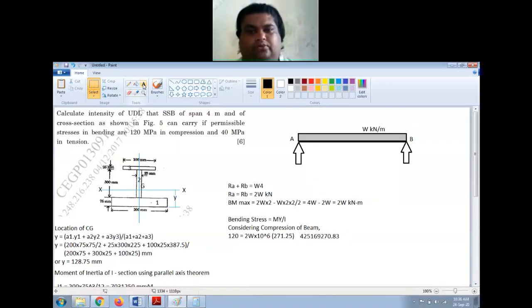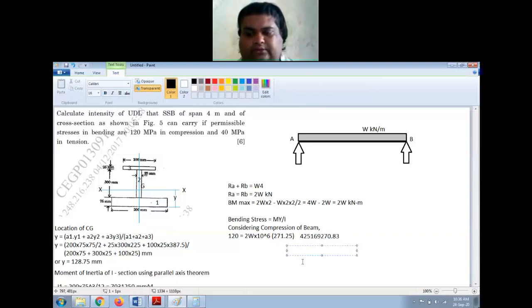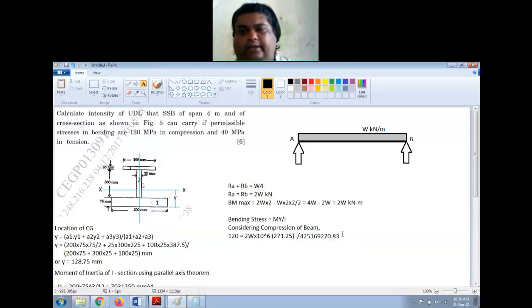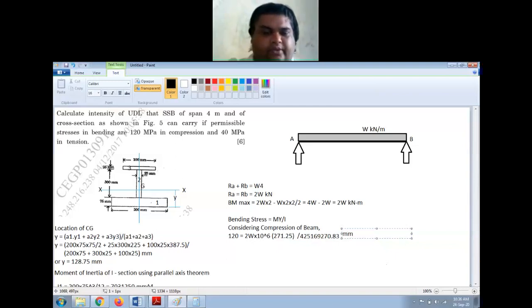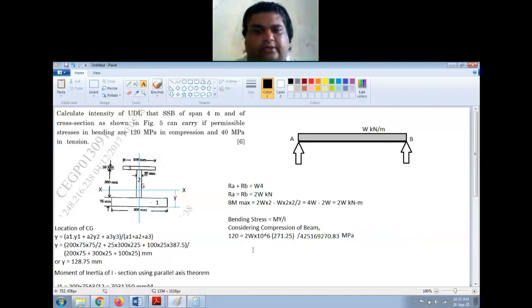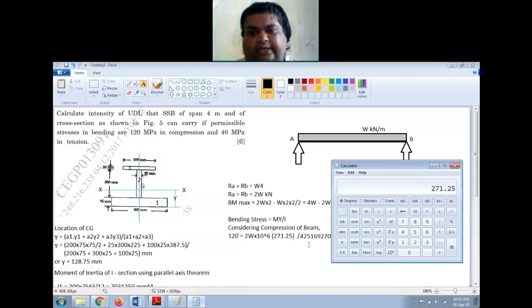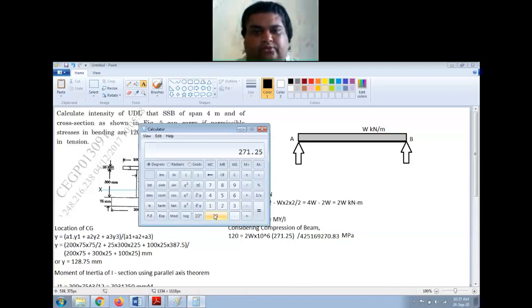Okay, so I'll have to calculate this. My by I, sorry, this will be megapascal, because this is stress what we are calculating. Now from this I can calculate W. So it is 120.